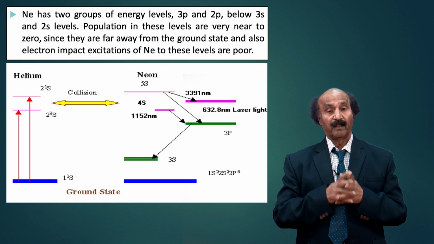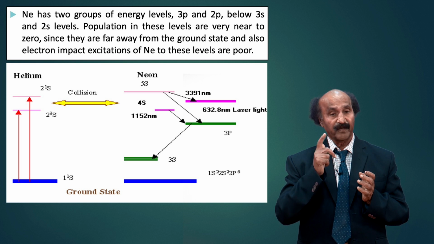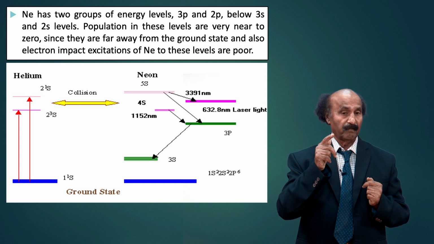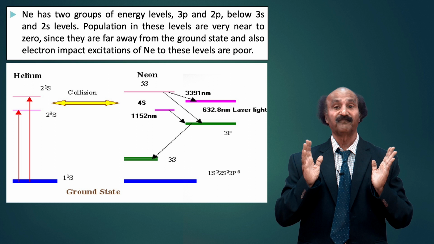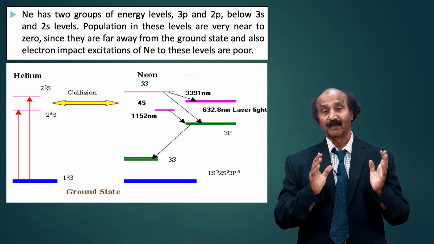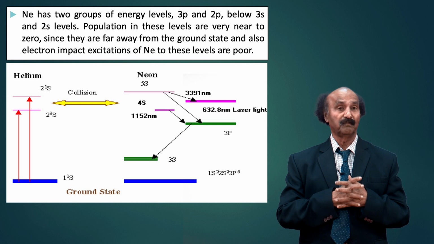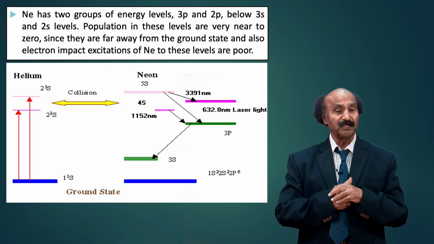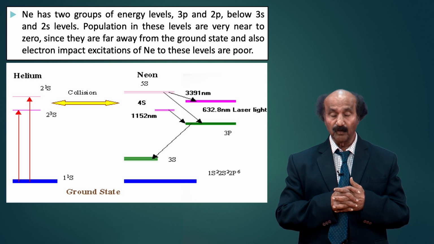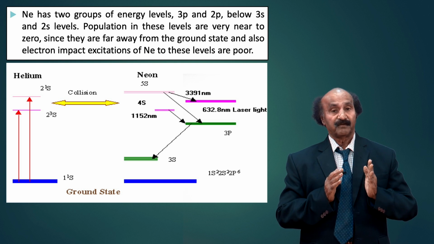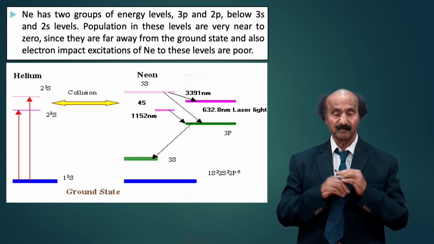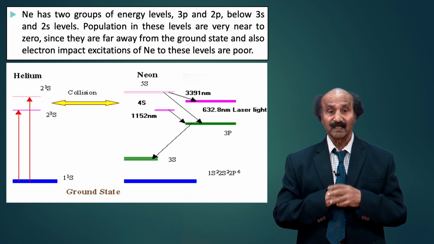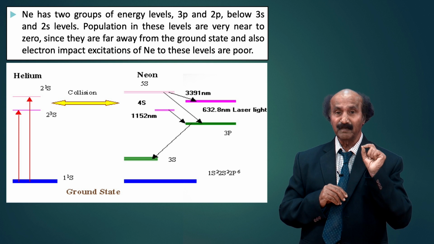Then the transition of the helium atom from the 2s level to the 1s level is forbidden. It is not allowed, because the change in L will be just 0. Such transitions are not allowed, or they will not produce radiation. That is the meaning of this. That means the helium has gone to a metastable state.